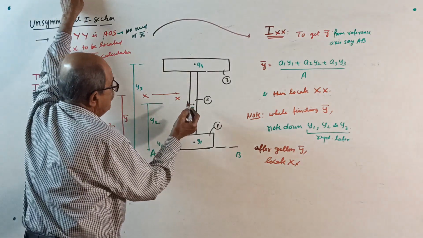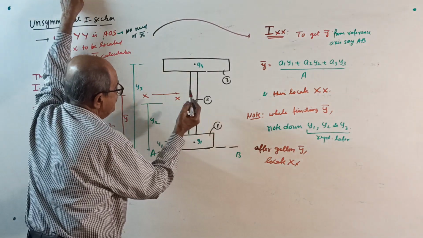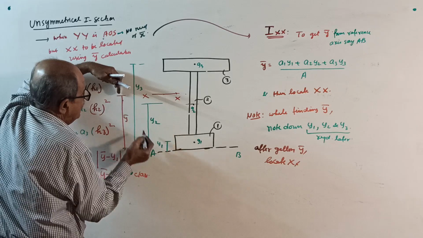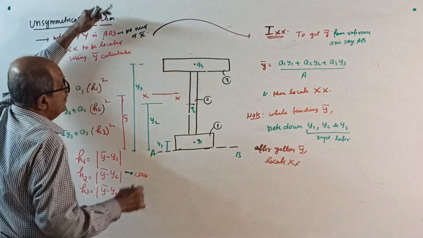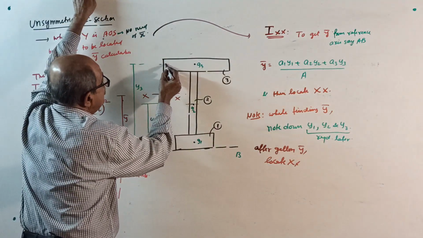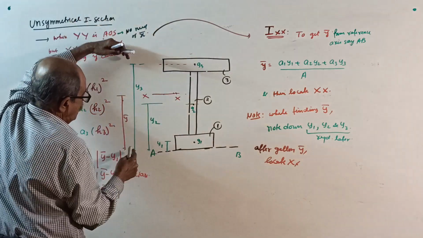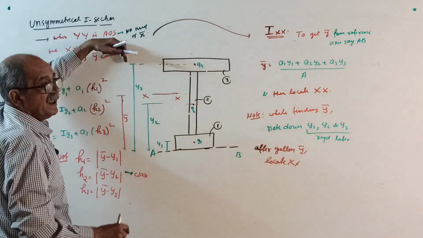Then for the second one, I about its own axis plus area into this distance square, y bar minus y2 square. When you do for G3 about this axis, from here to here will be y3 minus y bar square.